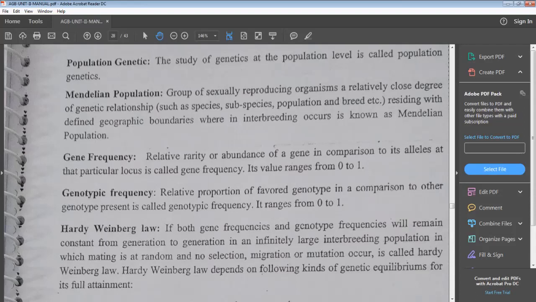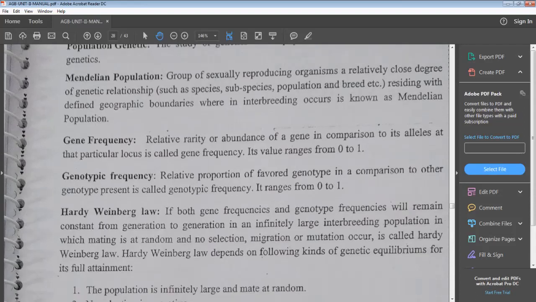We have inbreeding, we have close genetic relationship, we have well-defined geographic boundaries, and all are sexually reproducing organisms. So these are the different characters of the Mendelian population.